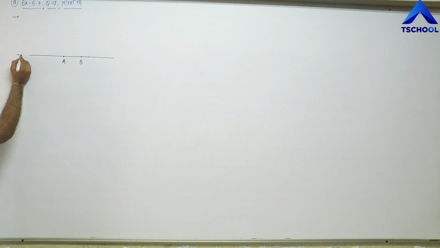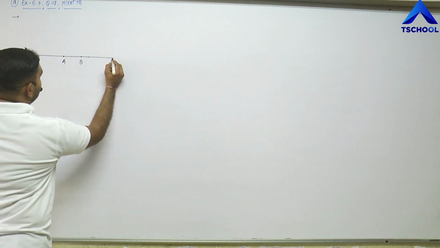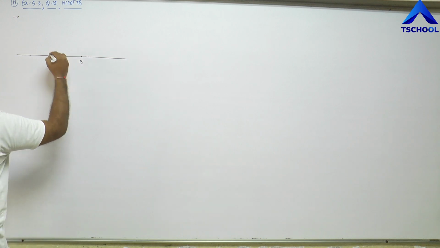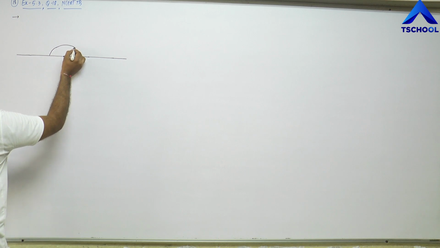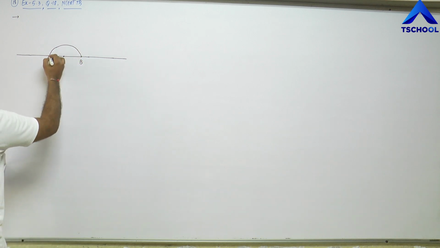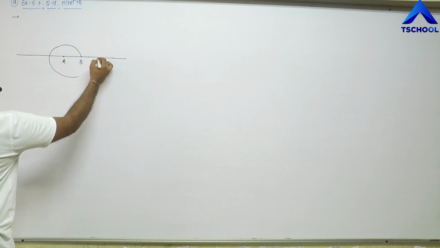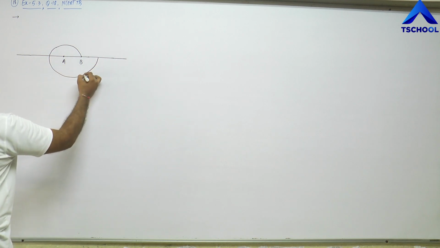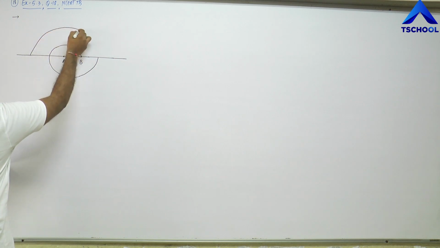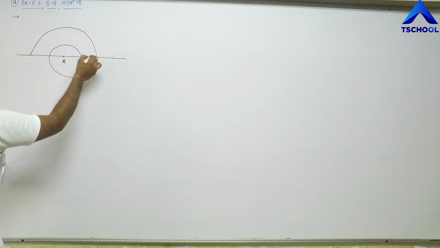Let me extend this on both sides. So the first one will be here somewhat like this, of 0.5 centimeter. Then the next one will be of 1 centimeter. Again the next one will be of 1.5 centimeter.